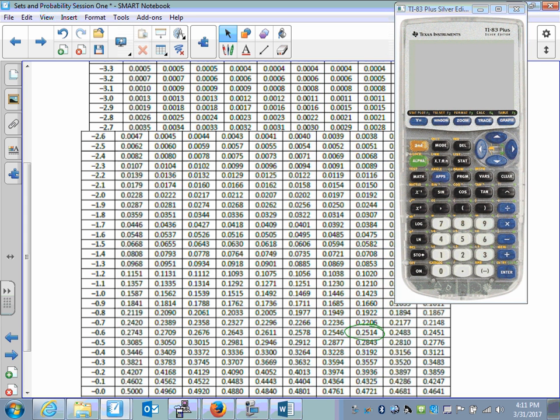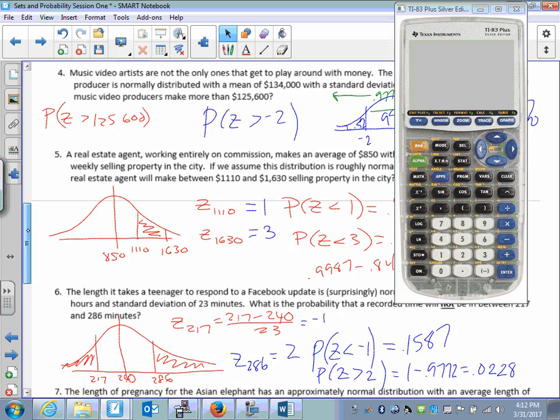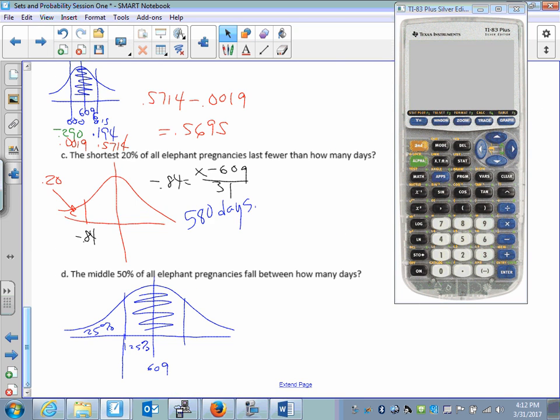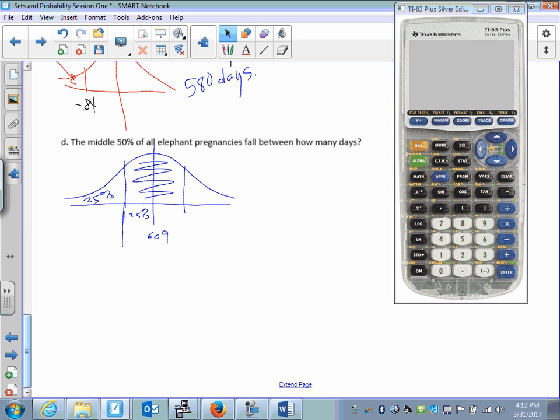I don't know if we're going to be talking about interpolating or not. So that is negative 0.67. What that means is the z-score here is negative 0.67, and the z-score here is positive 0.67.